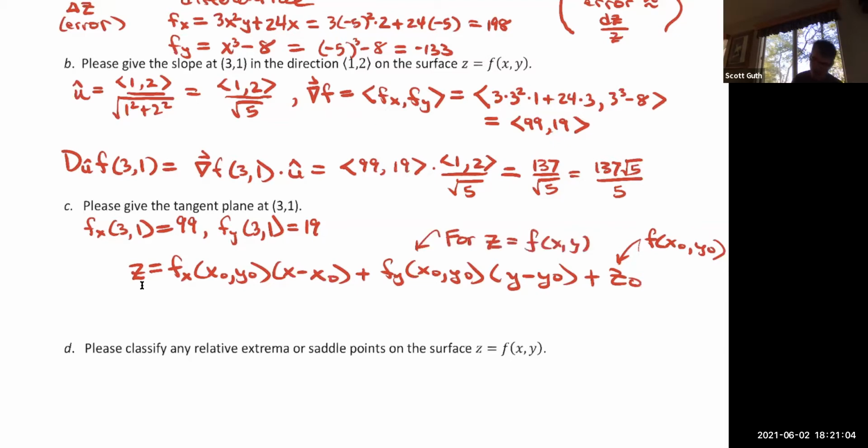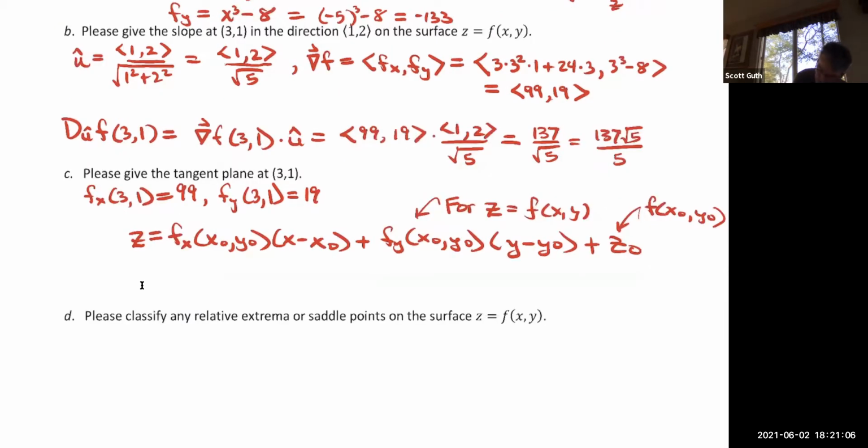So here we can say z is fx, which turned out to be 99, times x minus x naught, which was 3, plus fy, that was 19, times y minus y naught, that'll be y minus 1, plus the z naught, which I don't know if I computed that ever.